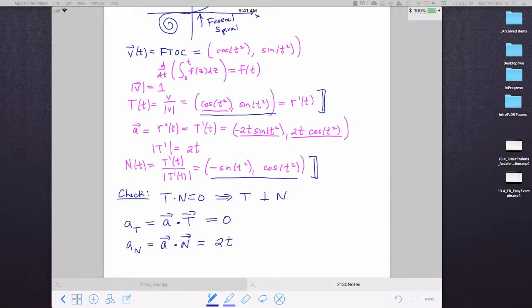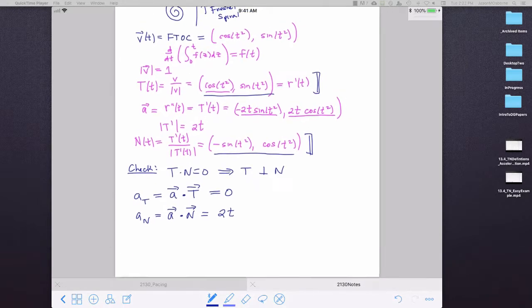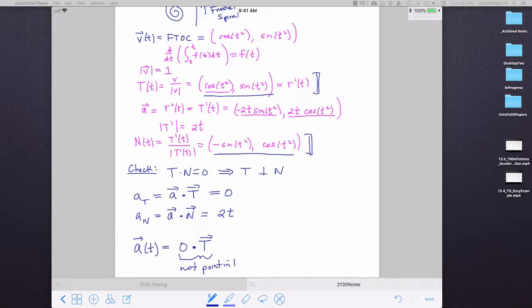So what this says is that the acceleration doesn't point in the T direction, and it only points in the normal direction.